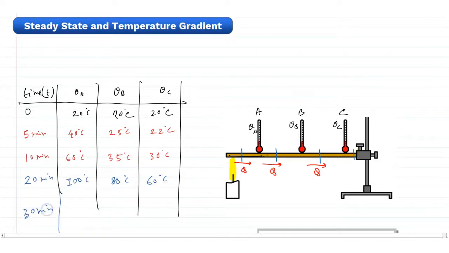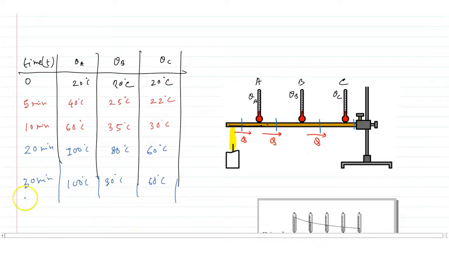After 30 minutes you get the same 100, 80 and 60 degrees centigrade. After 1 hour again you see 100, 80 and 60 degrees centigrade.